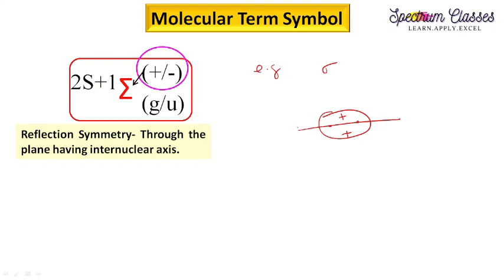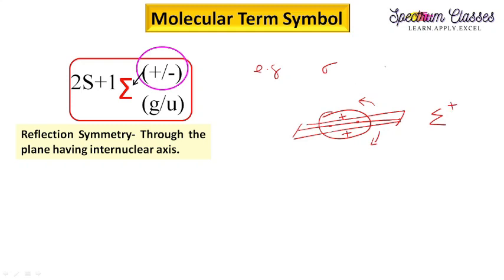If we reflect in a plane which contains the internuclear axis, then above the plane we have a plus sign, and below the plane, on reflection, we have the same sign. That is why this is symmetric about the reflection. Therefore, if the electron is present in the sigma orbital, it will be termed sigma plus.